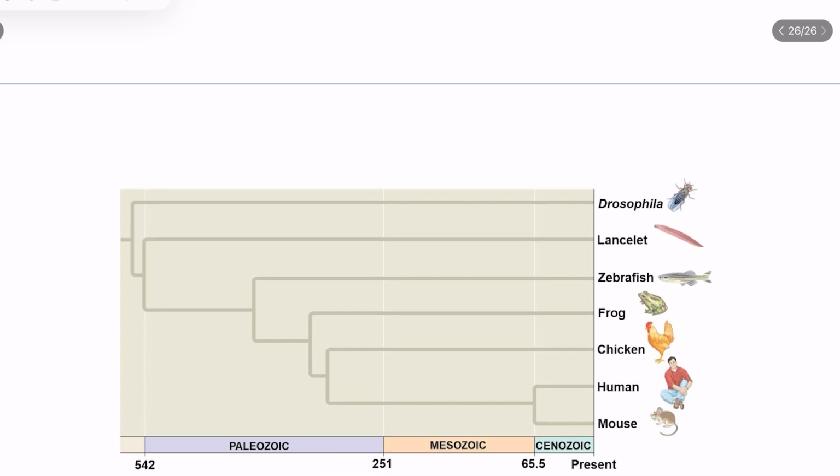So on the x-axis, or the base, you can say that it will show the million years ago, that is, how many million years ago this species evolved.